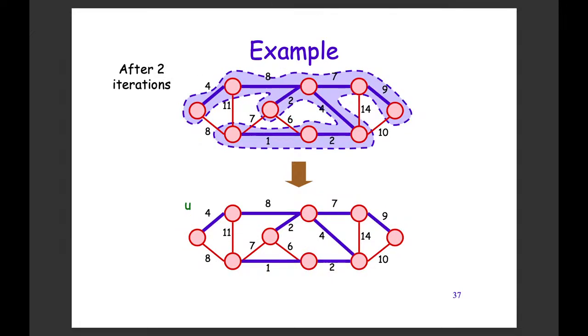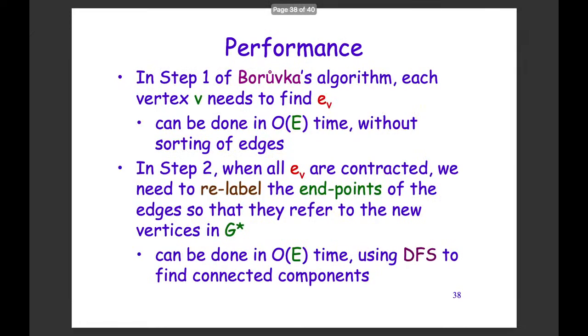Okay, so that's it. So the correctness of Borůvka is again based on the optimal substructure property. So let's see how it runs.